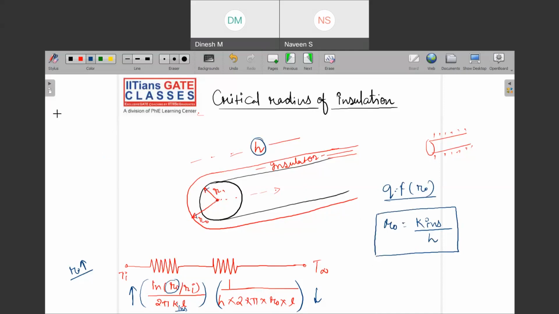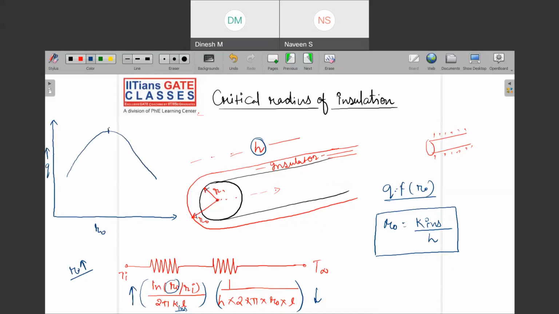Okay, so what happens if I draw the nature of the curve between R naught and Q? If this is my R naught and this is my Q, then as you increase R naught, up to a certain point Q increases, it reaches its maximum value, and after this point it falls.